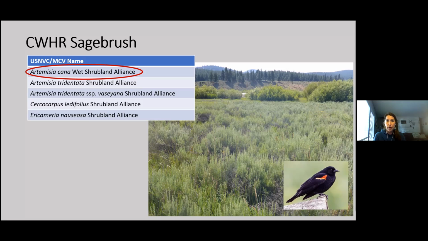For example, Artemisia cana, or silver sagebrush, is a wetland type vegetation, and it's more related to wetland vegetation than it is to the upland sage alliances. And there's also species of birds who are positively correlated with this vegetation type, including the red-winged blackbird.